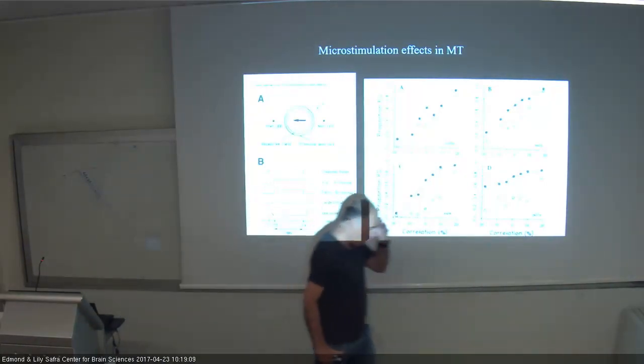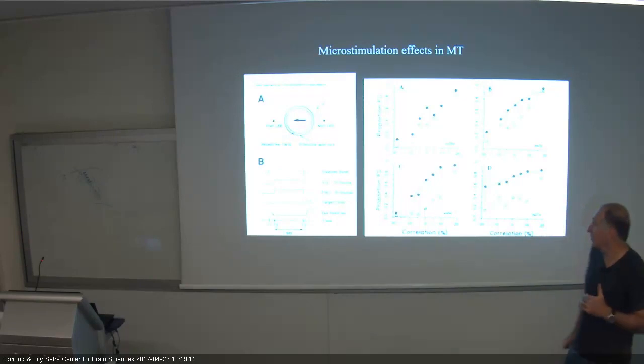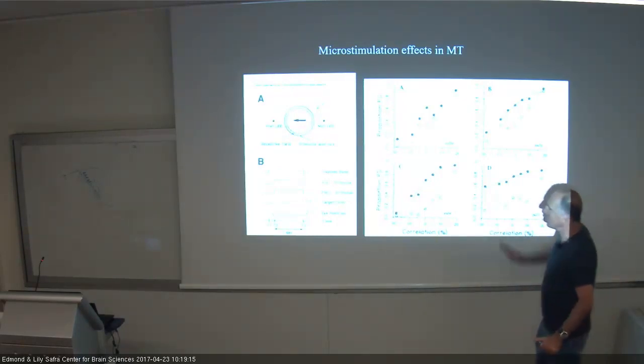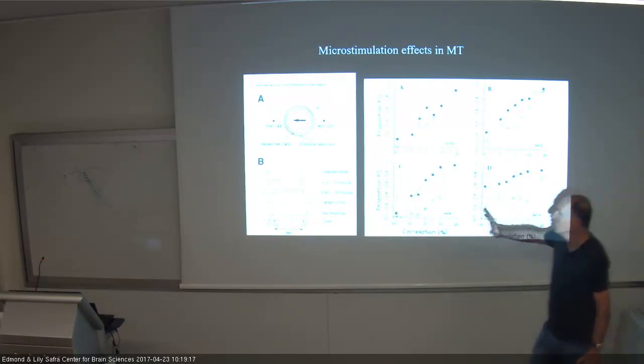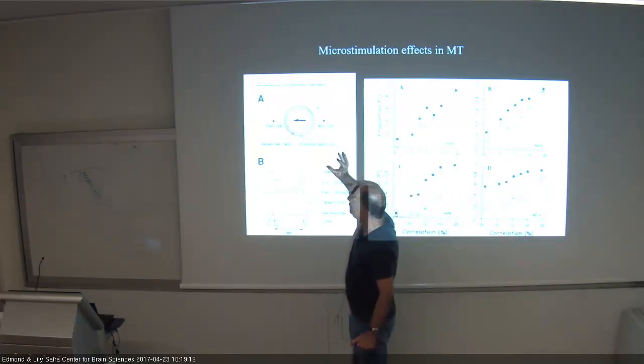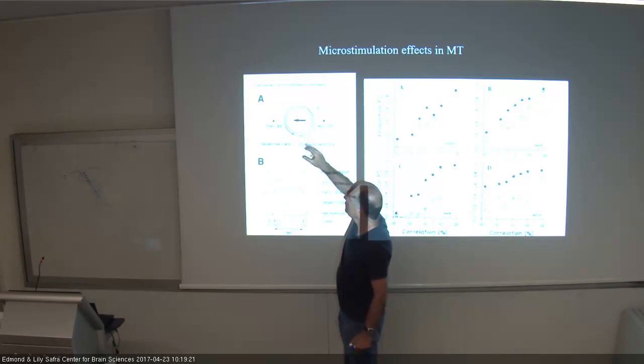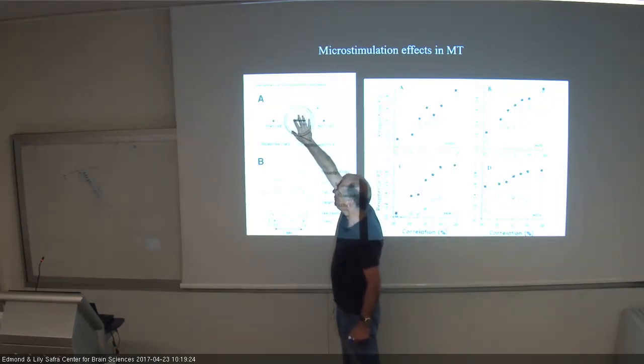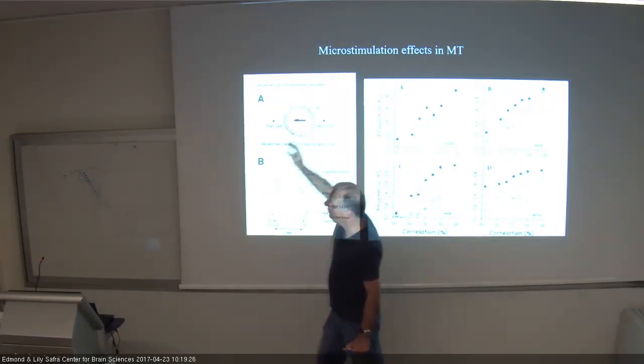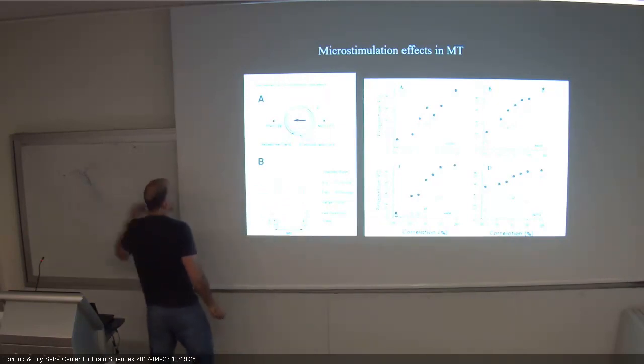These are original experiments from really 1990 or something like that. The idea is very similar to what I described before: you find the receptive field of the neurons and find the preferred direction of these neurons. It's not one neuron, it's many neurons.